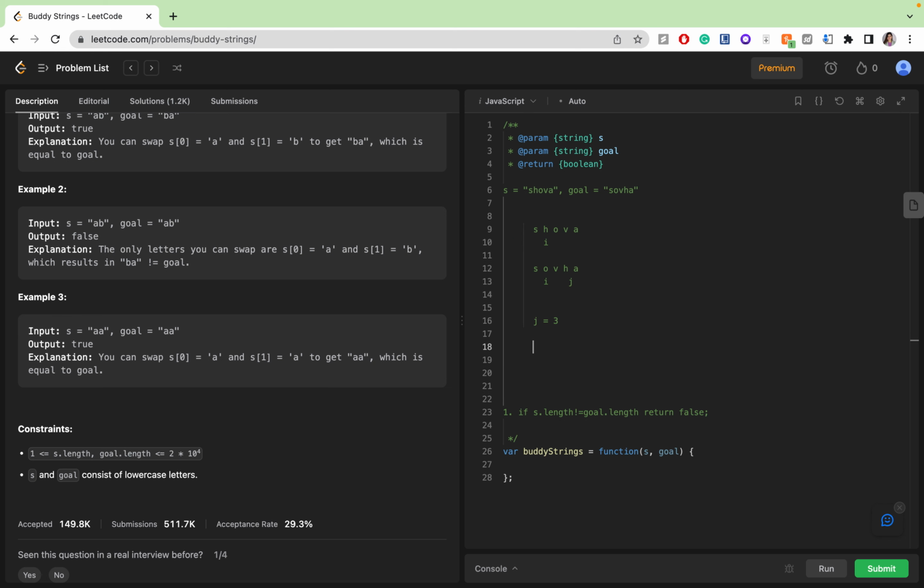It means that at position i, there should be the letter o, which is at position 3. If there is no letter o, then it means that it is false.